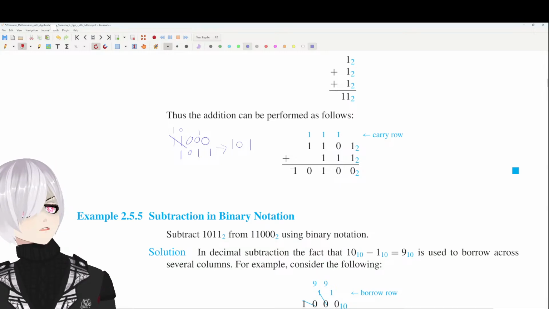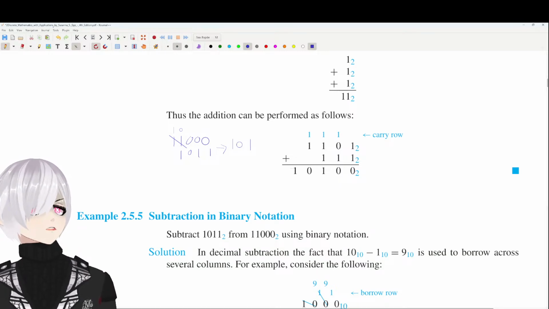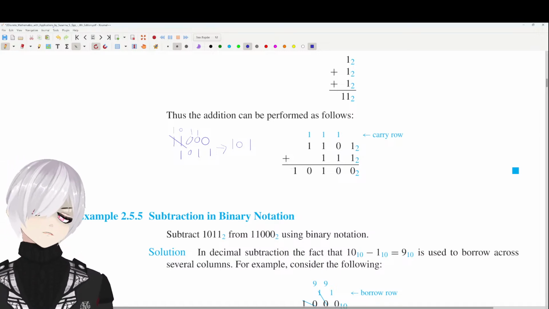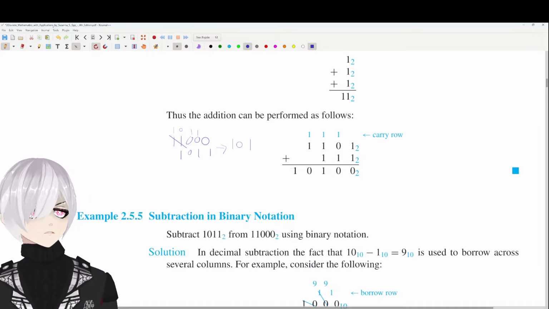And then that 0 in the next column, that borrowed a 1 to become a 1 0, but then the 0 to the right of it also needs to borrow a 1, so that 1 0 in the second to the right column becomes a 1 as well. And then the rightmost 0 is borrowing a 1, so it becomes 1 0.